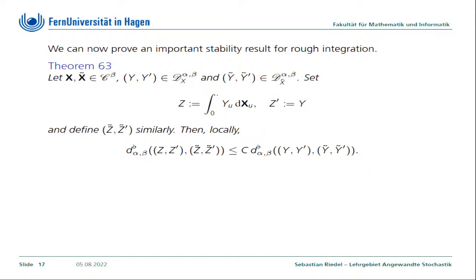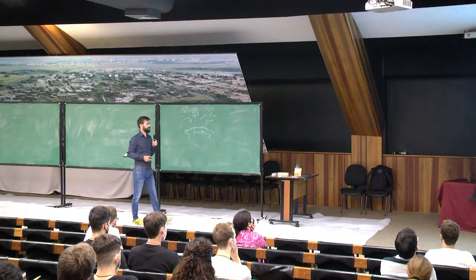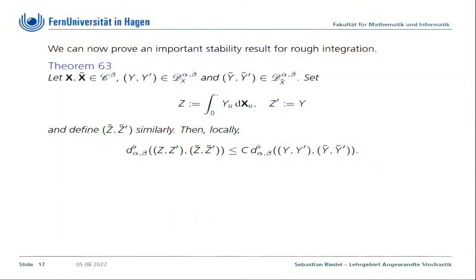And then we look at the corresponding rough integrals that also live now in different spaces. But we have this metric here that can measure the distances between the different spaces. So let's look at the difference between these rough integrals here.